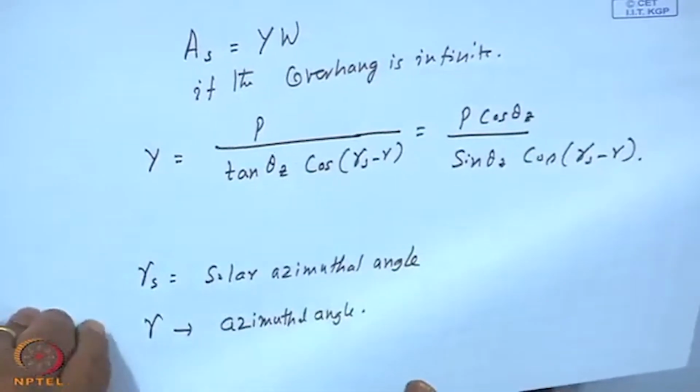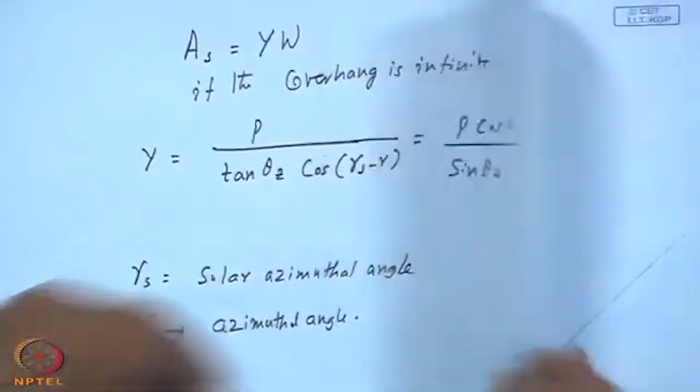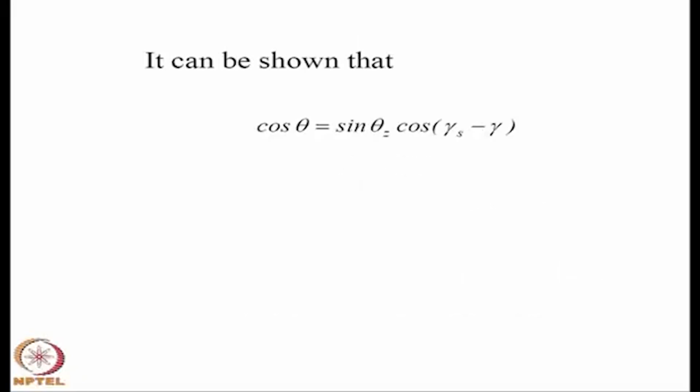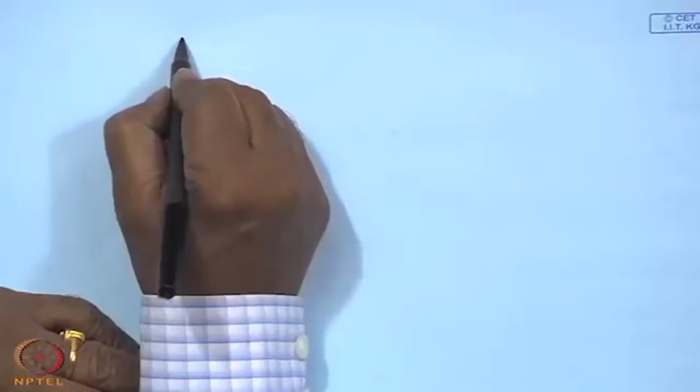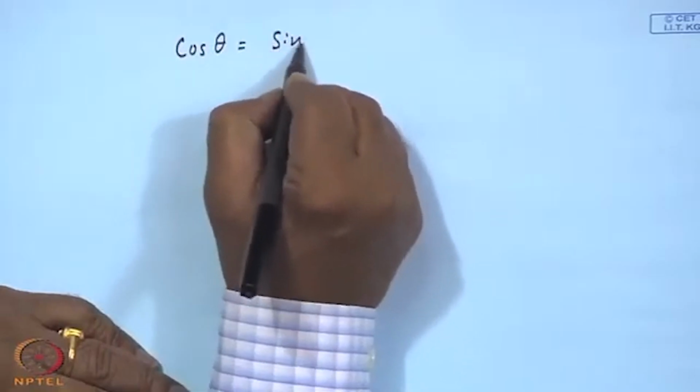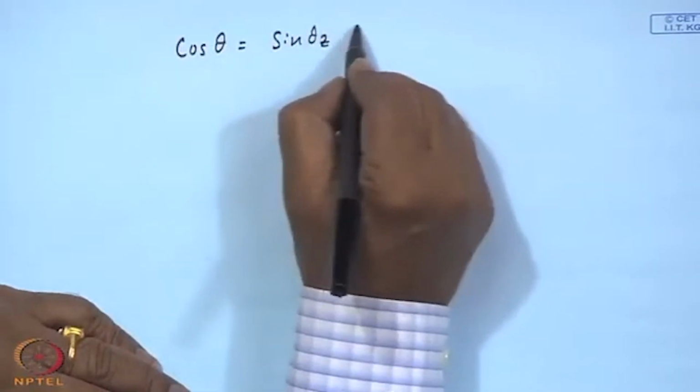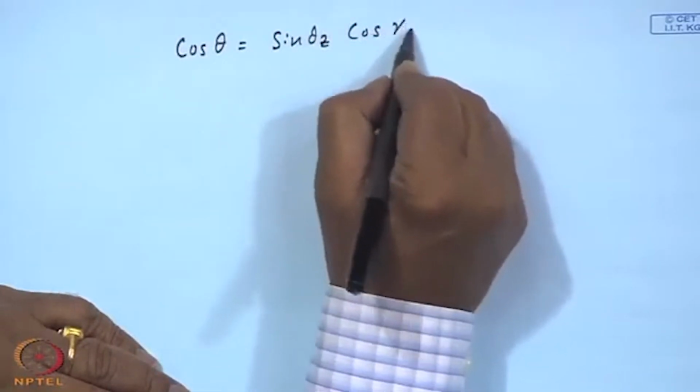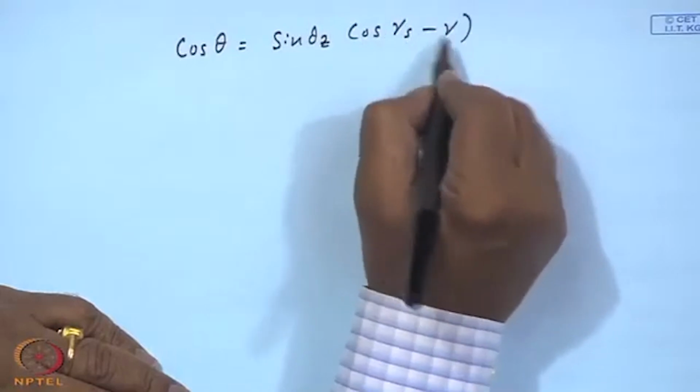Similarly, I can take the sun's ray and its projection on the horizontal plane, and that shall be your solar azimuthal angle, from which it can be easily shown that your angle of incidence cos theta is related to sin theta z times cos gamma s minus gamma.